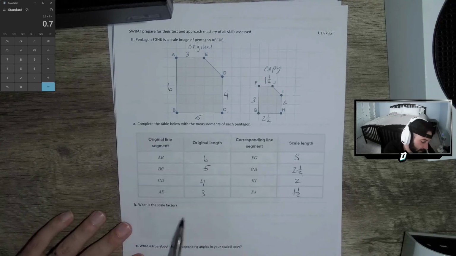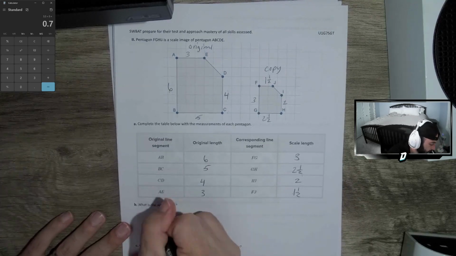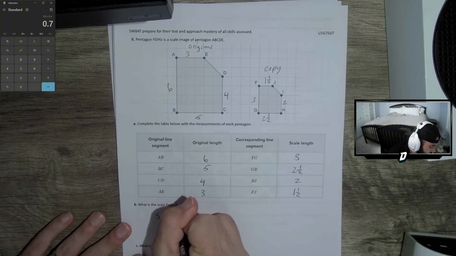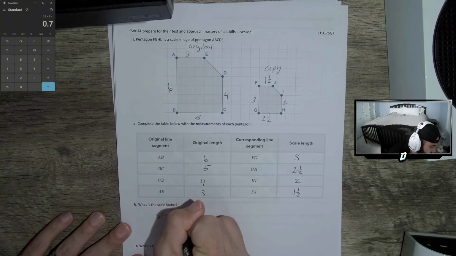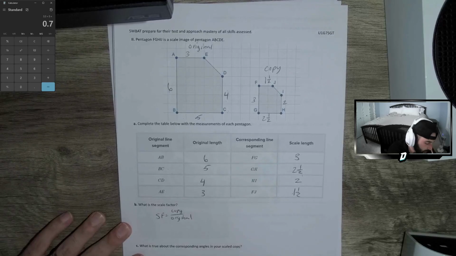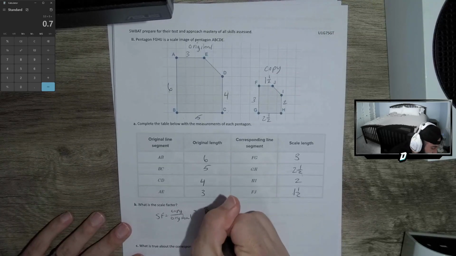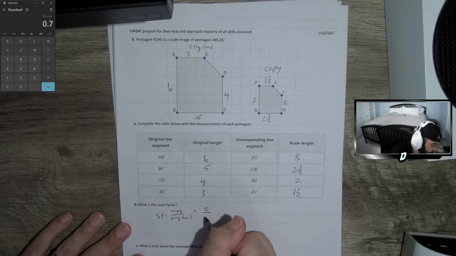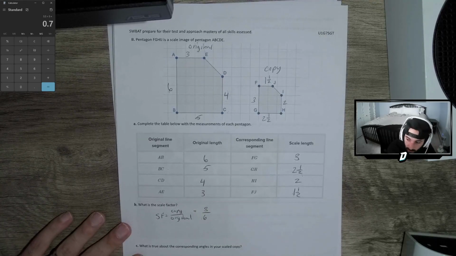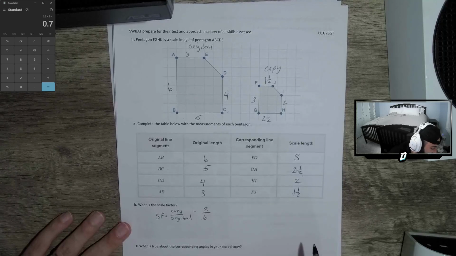And so we're told this is a scale copy. So what is a scale factor? Well, our scale factor is a ratio between our copy and our original. And so that means if I do my scaled length on our copy over our original, I get a ratio of 3/6.